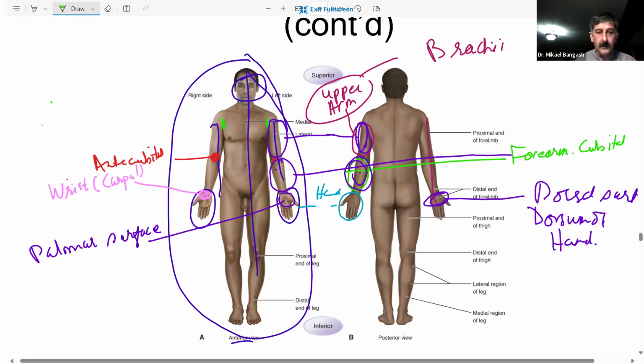If he abducted his upper arm, the region that you will see underneath the upper arm is what you can call the axilla or armpit.